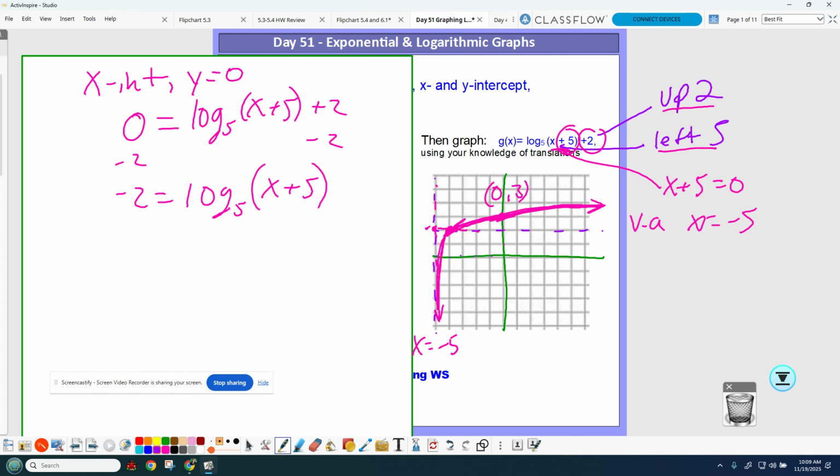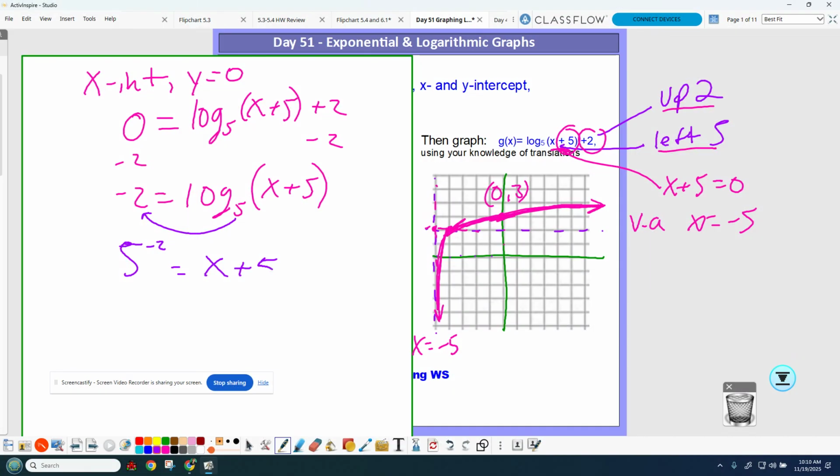Now here's the thing that some of you were saying was a weakness. Now I need to go from log form to exponential. Do you know how to do that for this? Not comfortable with it, okay.